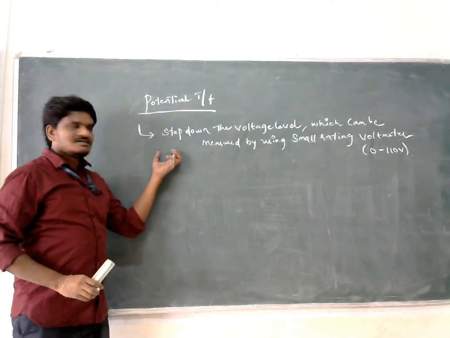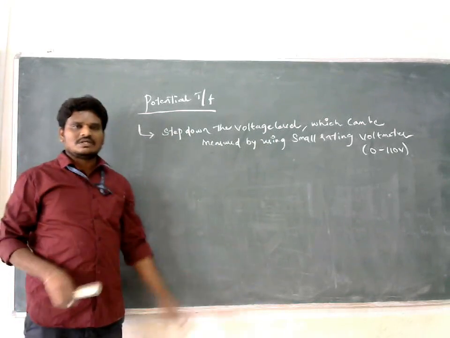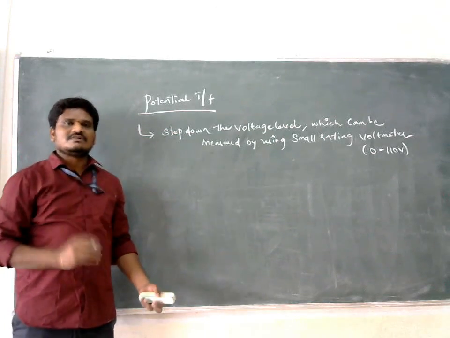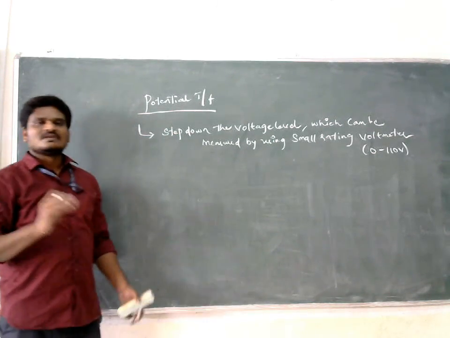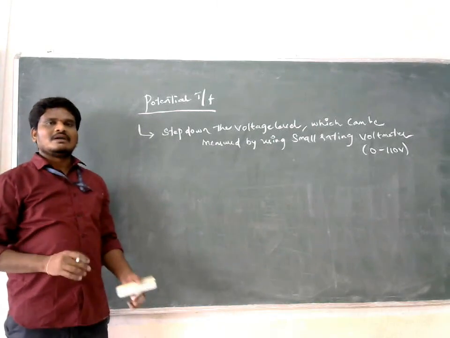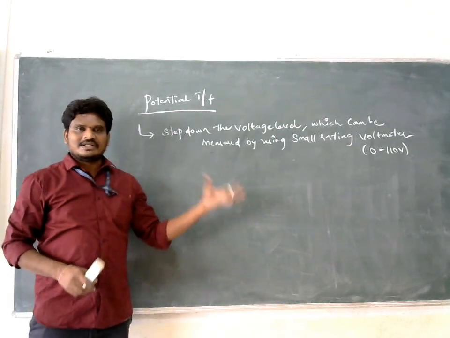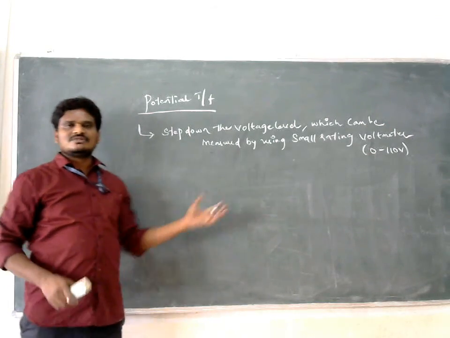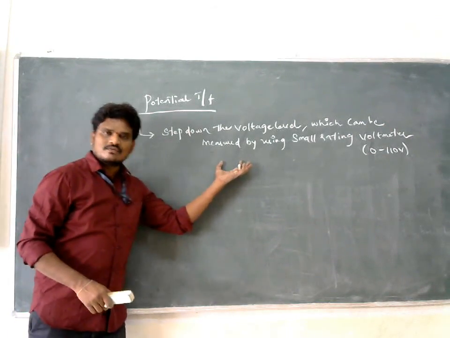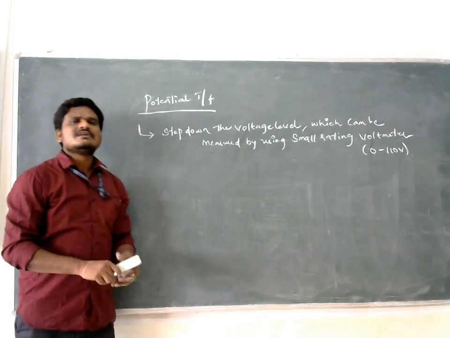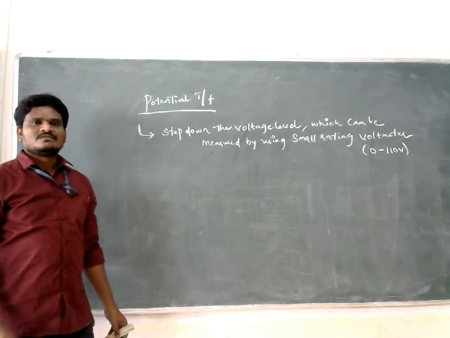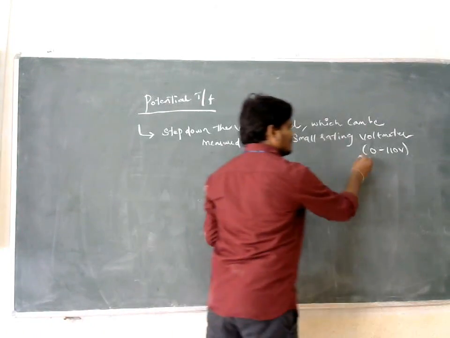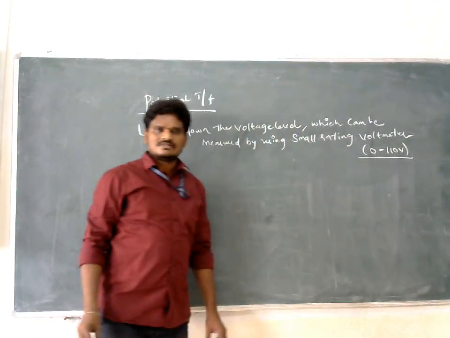It is a device which is used to step down the voltage level. That is, it is majorly used to transform the voltage levels from a higher level to a lower level, where that low value of voltage can be measured by using a small rating voltmeter, where the range of the voltmeter is given as 0 to 110 volts.